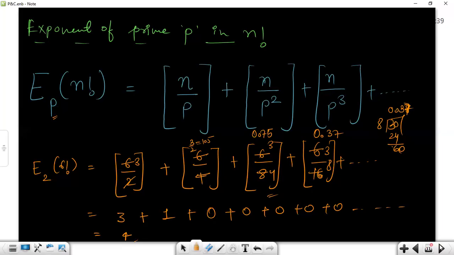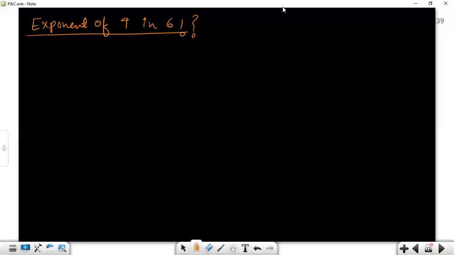Okay. So let's try to find out the exponent of 4 in 6 factorial. Now, will we be able to do so? Anyone?